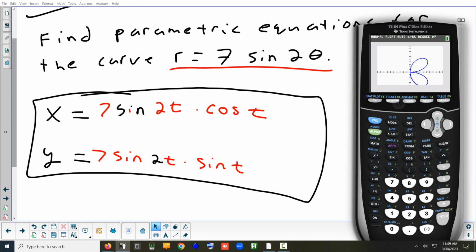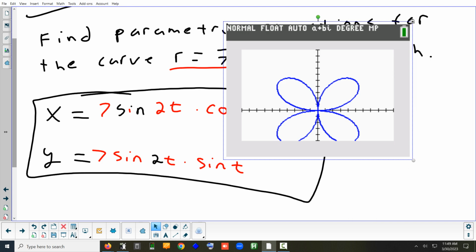No, I do need to go 0 to 360. And there's the shape, it goes a little off the screen, but that's not bad. That's the shape that I get when I graph 7 sine 2 theta.